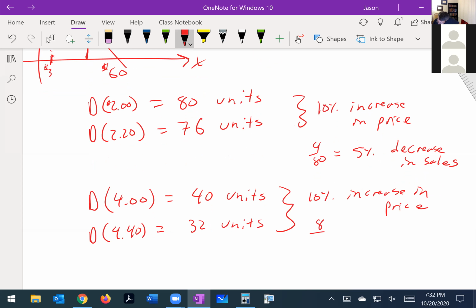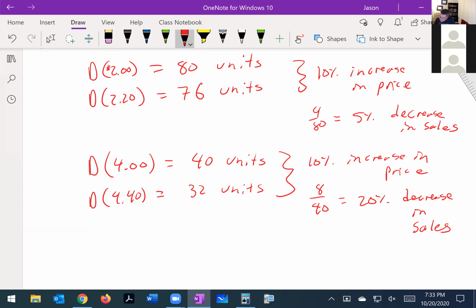So this is 8 over 40. It's a much bigger difference, okay? 8 over 40, which is a 20% decrease in sales.